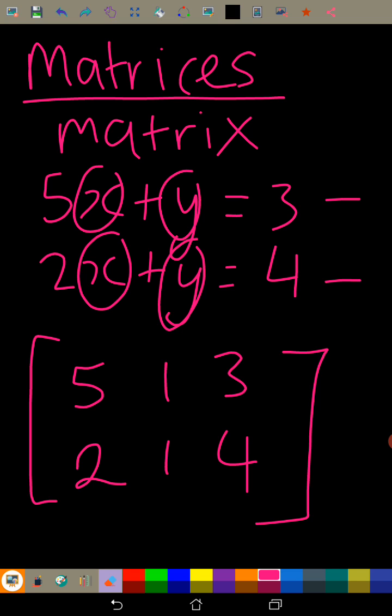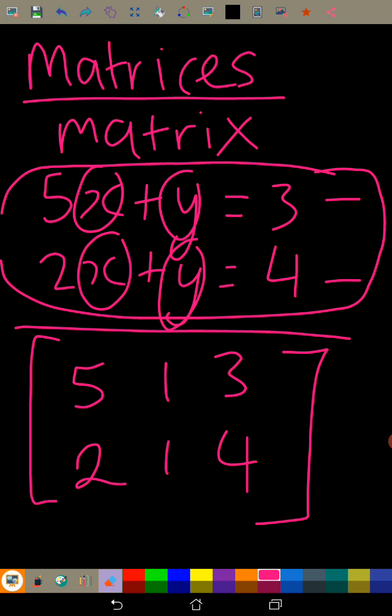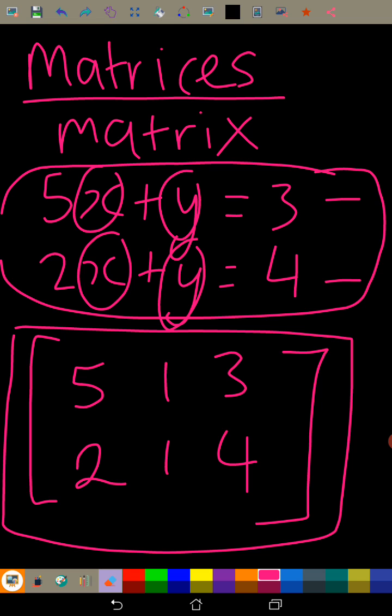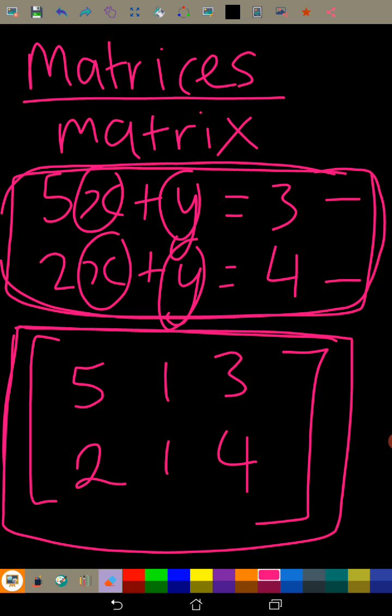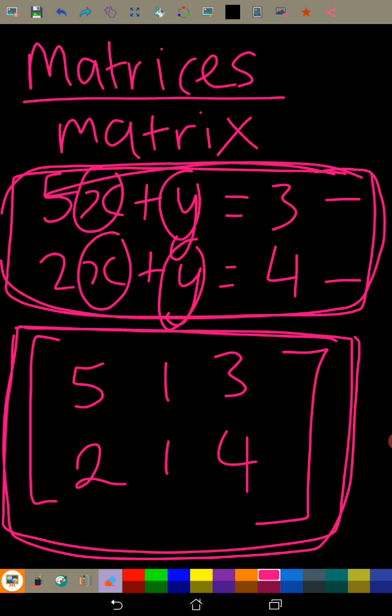So we have just written these two equations in a matrix, and that's another way to represent this information. And we can do a lot of arithmetic calculations with this matrix. So this is an introduction to matrices.